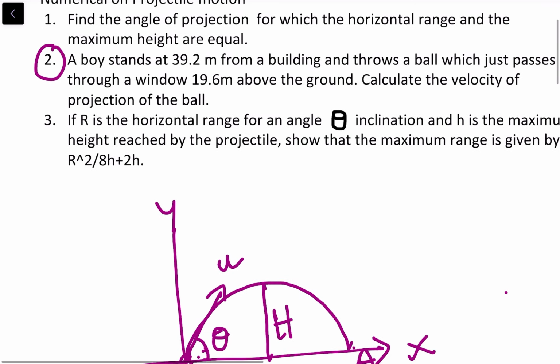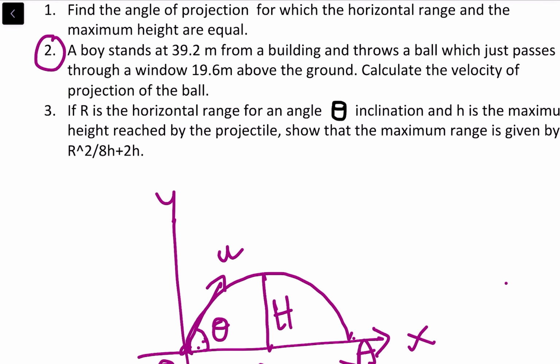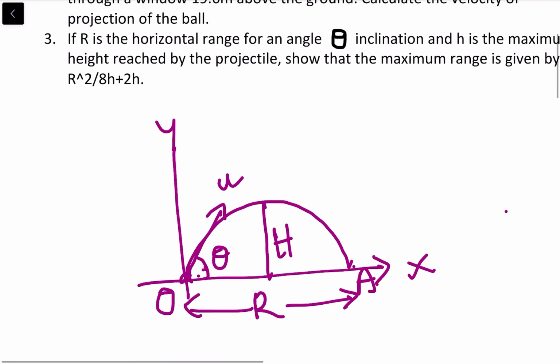He has thrown it like projectile motion, and it passes through a window 19.6 above the ground. That means the height of the projectile should be 19.6 meters. Here they are asking for the initial velocity u.